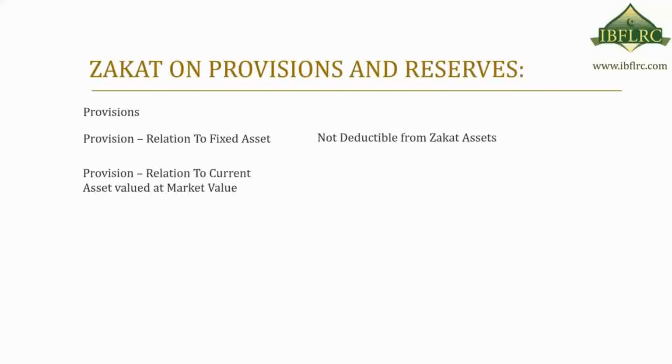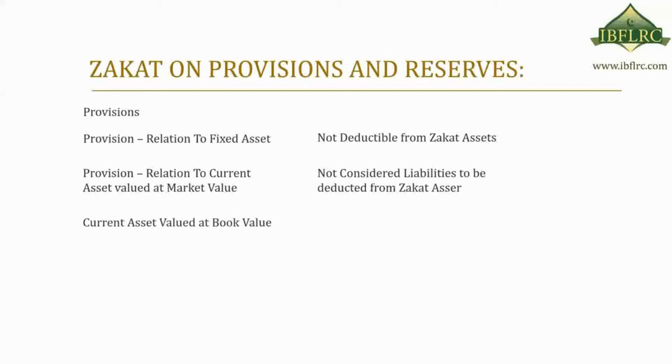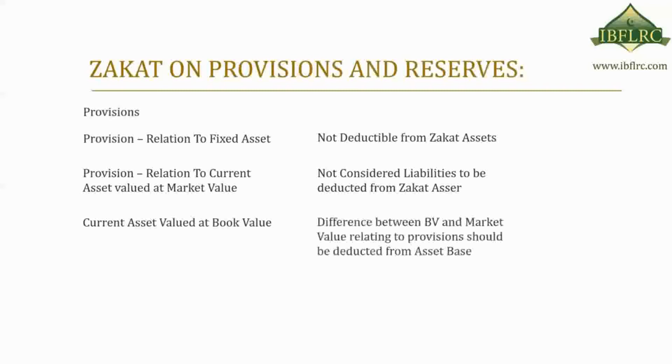Provisions relating to current assets valued on market value are not considered as part of liabilities to be deducted from zakatable assets. For current assets valued at book value, the difference between book value and market value should be deducted from the asset base.